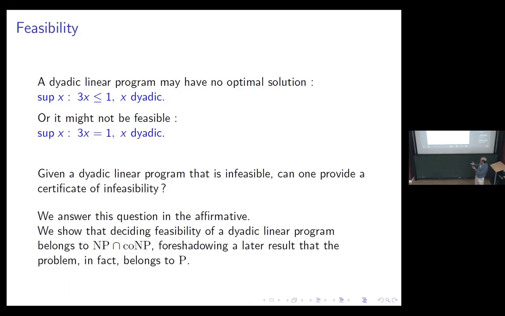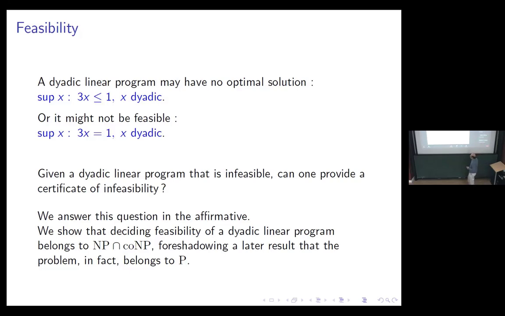So going back to our question about feasibility, if a dyadic linear program is infeasible, can one provide a certificate of infeasibility? That would be the first question that we might want to consider. That's one of the nice things about linear programming, you have this certificate. We're going to answer this question in the affirmative.